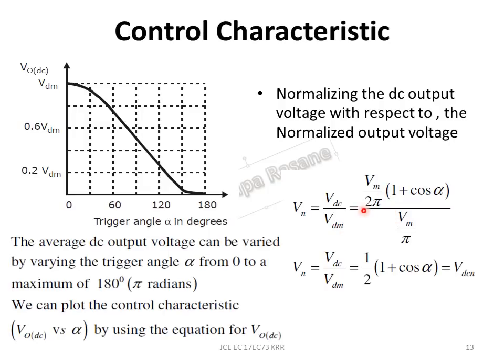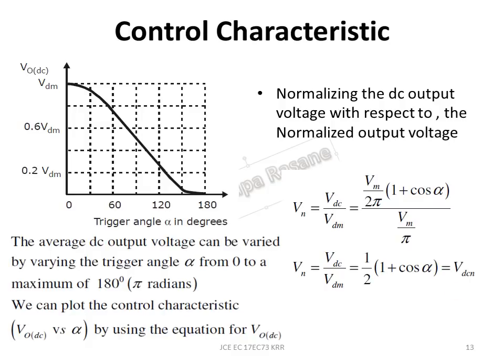So we know that VDC is Vm upon 2 pi times (1 plus cos alpha), divided by the maximum DC output voltage, which we have already derived as Vm by pi. So we get this normalized value Vn equal to 1 upon 2 times (1 plus cos alpha), because Vm cancels, 2 remains, and pi cancels. So I get half of (1 plus cos alpha), and I will represent this as a normalized value of the output DC voltage.